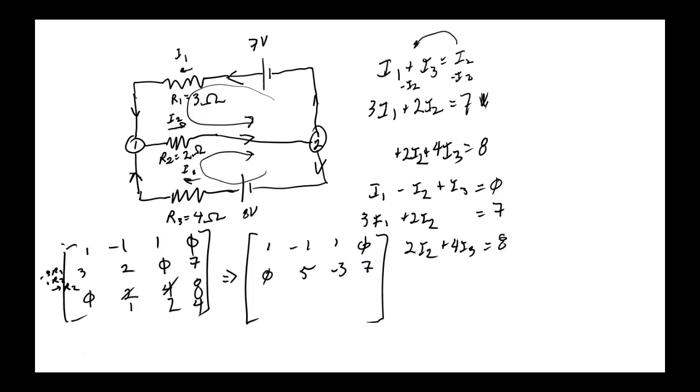And then the last row's already got a 0 there, so I'll just write that down. 0, 1, 2, and 4. I did my new thing with it too, so I'll write that down too. Row 3 divided by 2 is the new row 3. That's a legal move in most states.